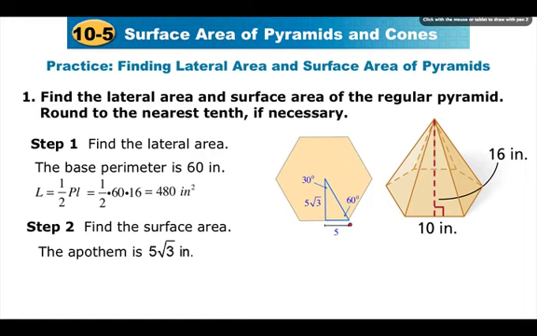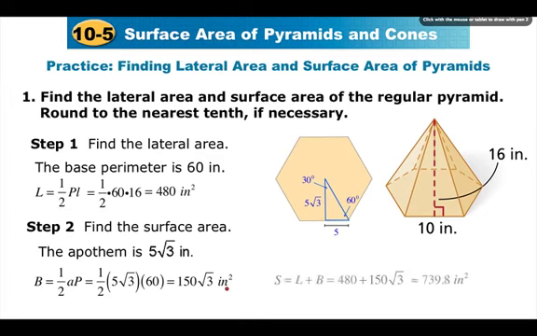If the short leg is 5, the long leg is 5 radical 3, or you can use the trig ratios, and you're going to be working with the decimal. But the apothem is 5 radical 3 inches. So now I apply the formula for a regular polygon: 1/2 apothem times perimeter. Substitute the numbers, and this is what you get. Now add those two, and this is your answer. Let's move on to number 2.